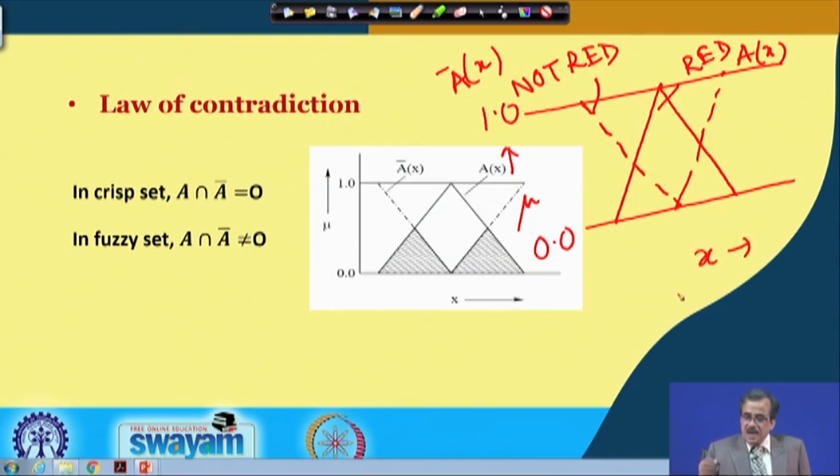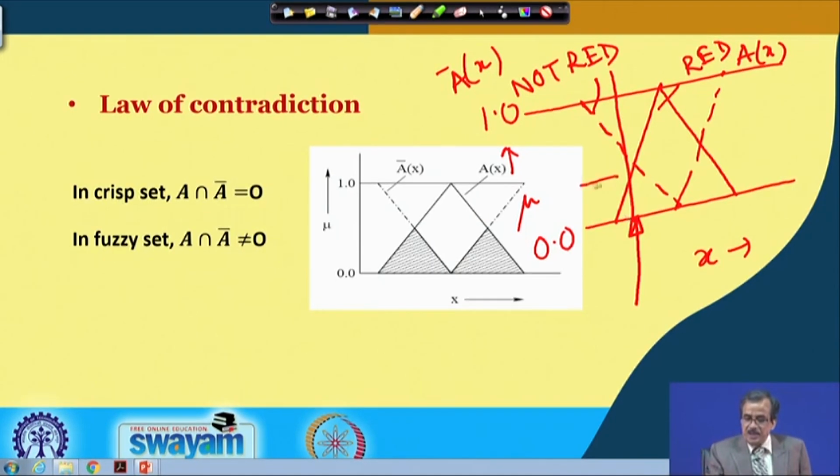Now, supposing that I am considering a particular color, so that color is nothing but this, and I am just going to give a statement whether it is red or not red, or if it is red, with what membership function value. Now, what we do is corresponding to this value of x or the color, we try to find out the mu.